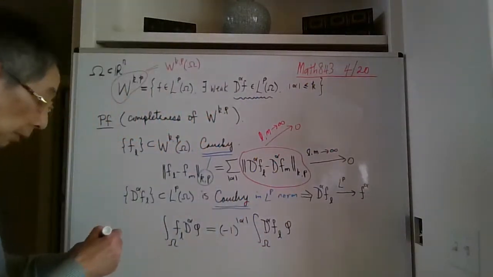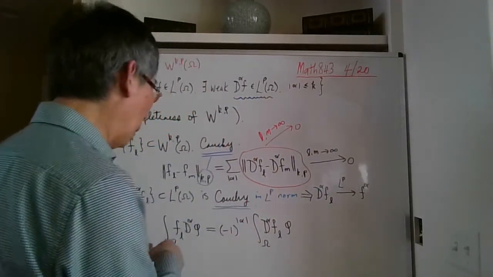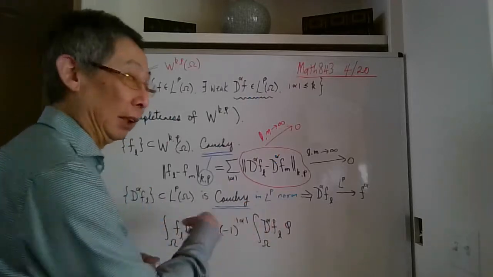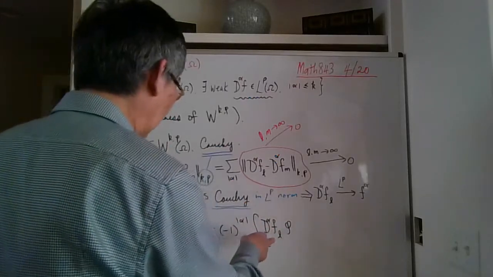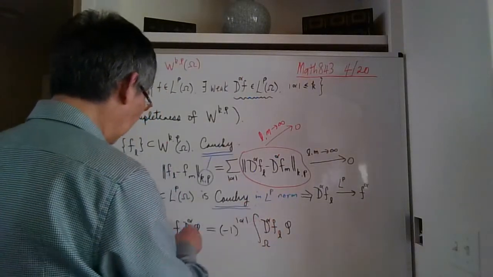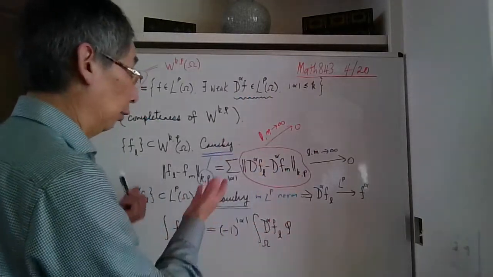So they must be equal. So for each member in this sequence, this relation simply says that D alpha F_l is the weak derivative of F_l. And this derivative exists because of the assumption.